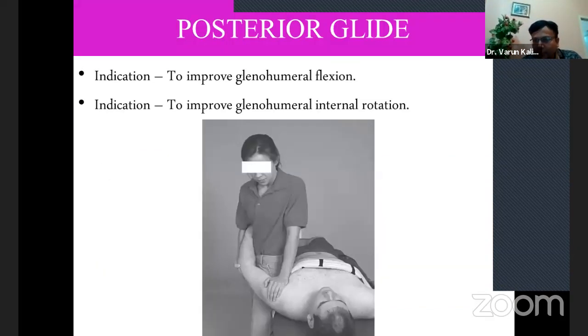So here we have different glides. First one is the posterior glide. We can give posterior glide to increase the glenohumeral flexion and internal rotation. For this, the patient position is supine lying and the therapist stands on the side of the patient and applies posterior glide at the shoulder or glenohumeral joint.